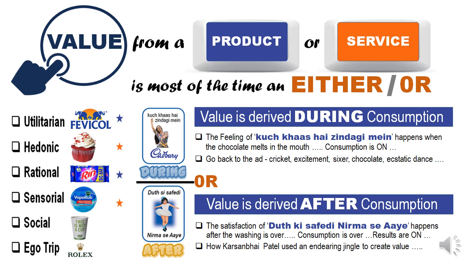"Vicks ki goli lo, kich kich door karo" is a very sensorial pitch. The next could be a social value of using sustainable products. And the last could be a very ego trip value of consuming, possessing high-end luxury products like a Rolex. Now, each of these values can be pitched, depending upon the nature of the product or the service, as a during value or as an after value.